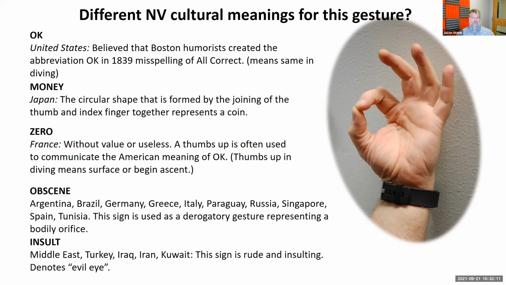And it began to be abbreviated instead of okay. It began to be abbreviated OK in the late 1930s in Boston. And basically, it's just that, and it's meant pretty much that in the United States since then.